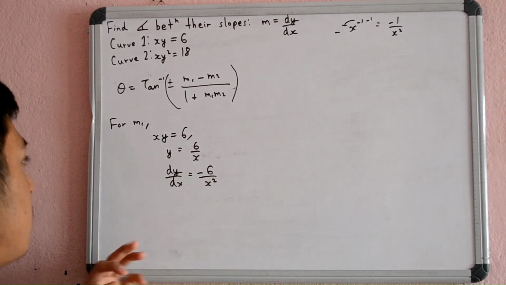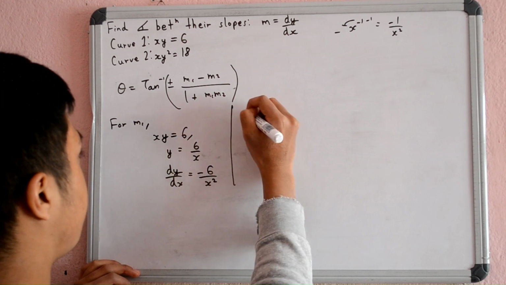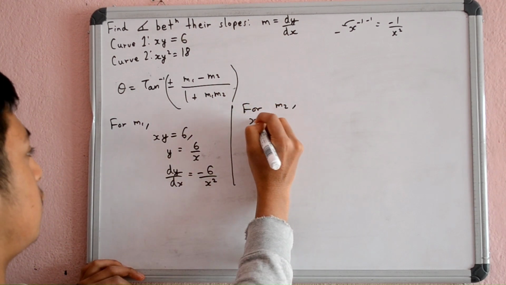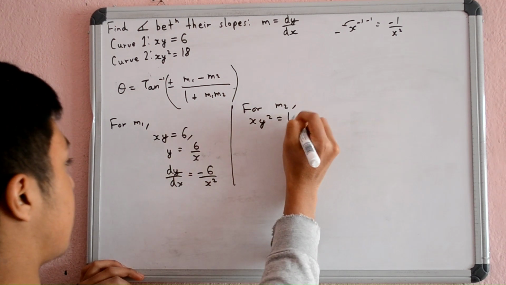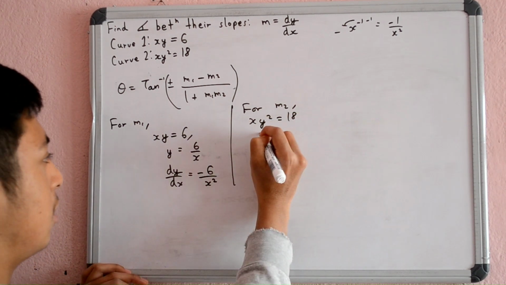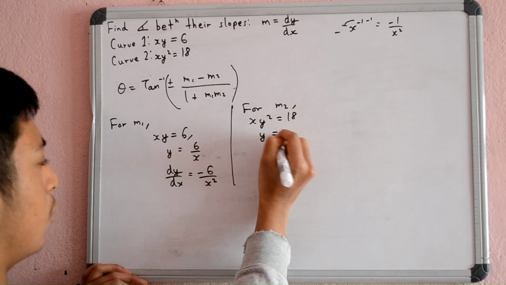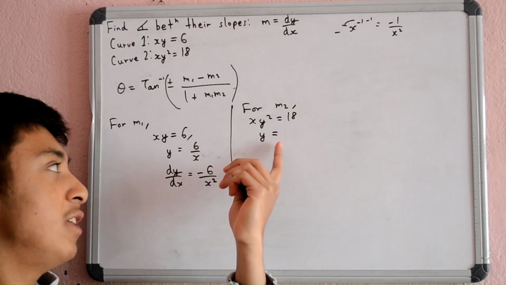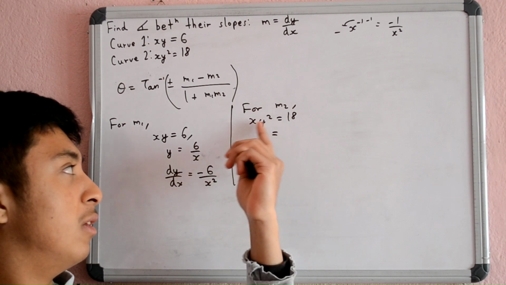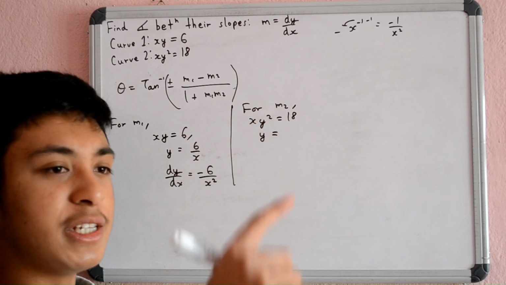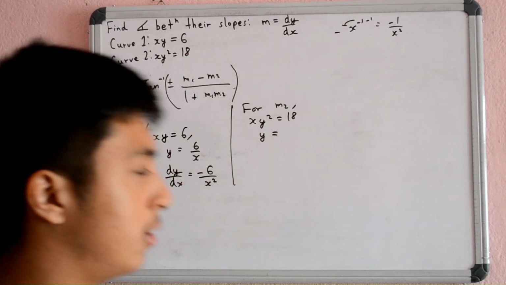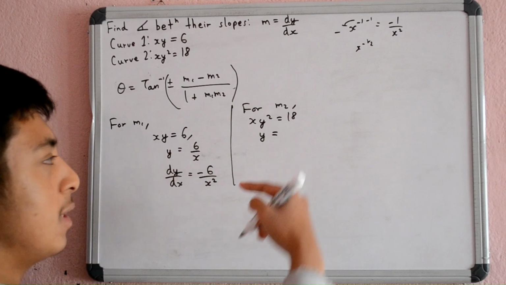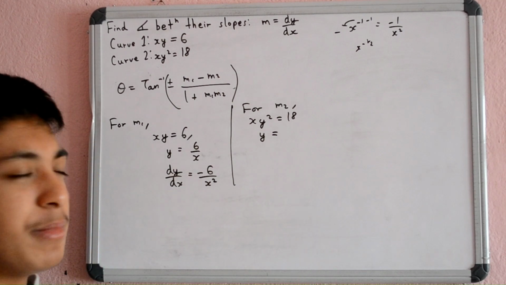And at the same time for m2, xy squared is equal to 18. Now there are two ways you can do this. Either you find y by putting x below and square rooting it, which means you'll have to find the derivative of x to the power minus 1 by 2, and it gets a bit tricky from here.